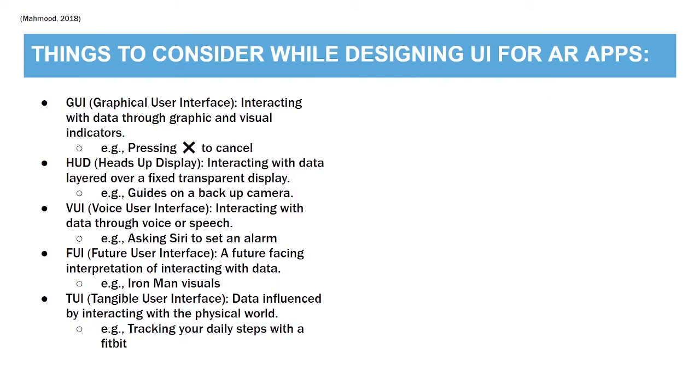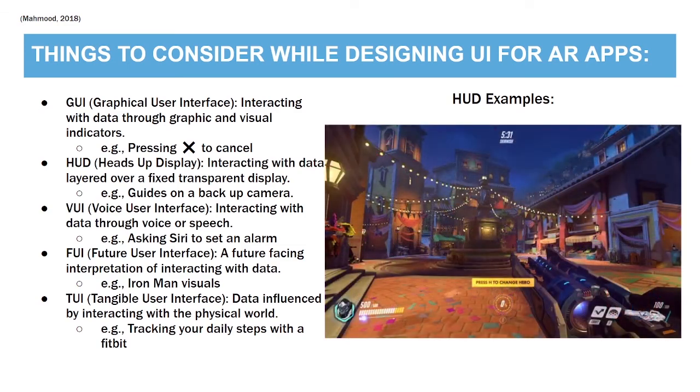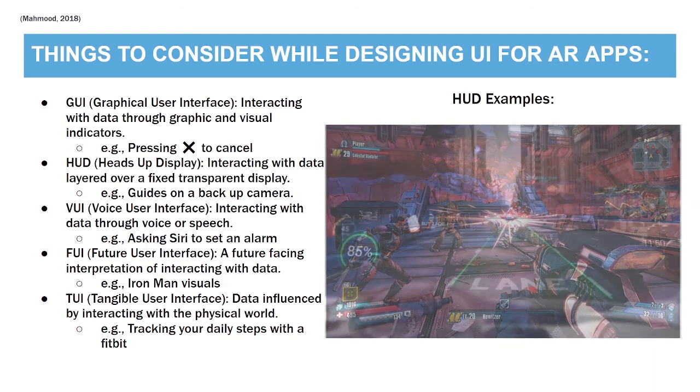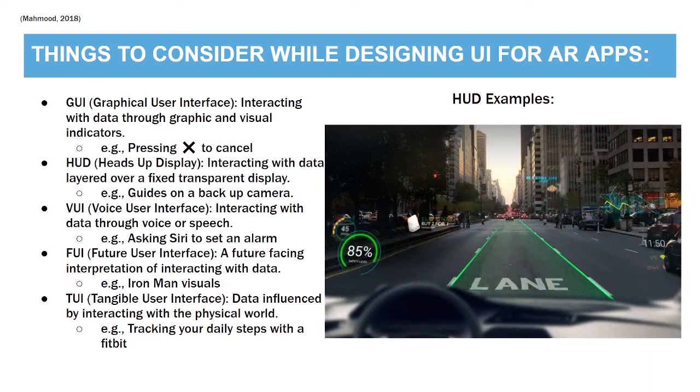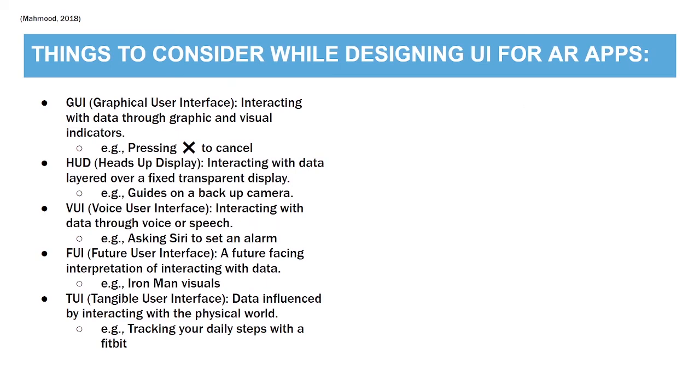A HUD, or a heads-up display, is interacting with data layered over a fixed transparent display. Here are some examples of different HUDs in video games. VUI, voice user interface, is interacting with data through voice or speech.